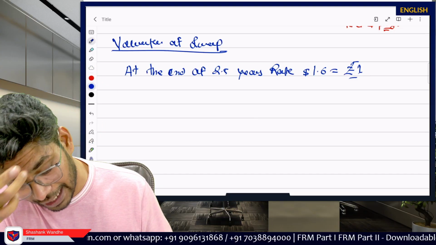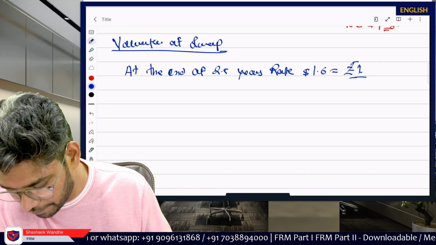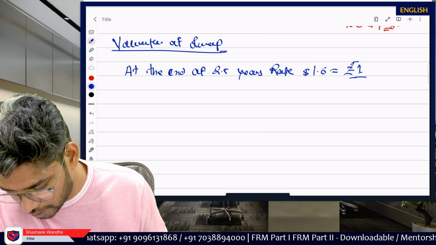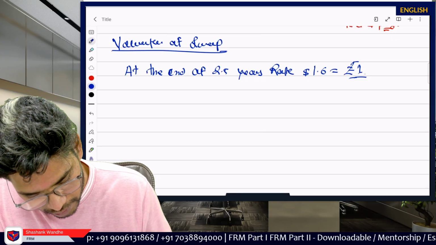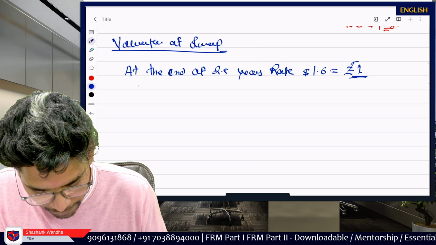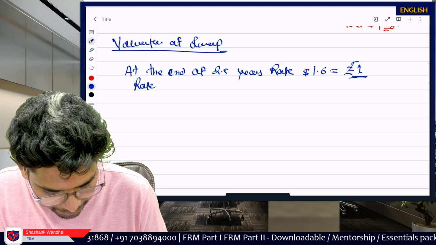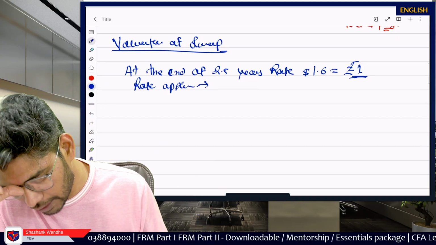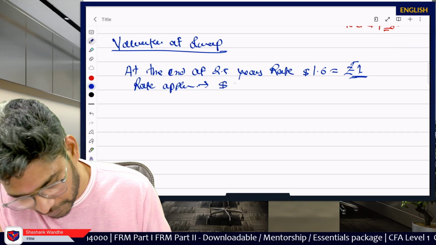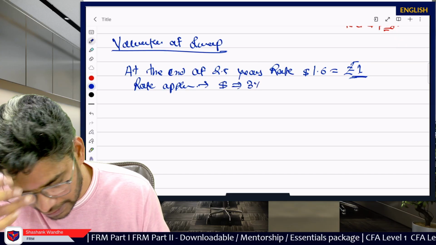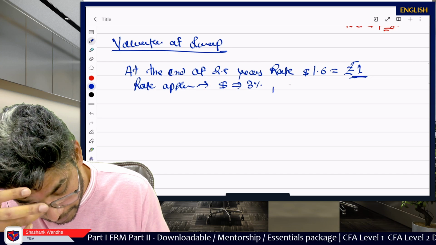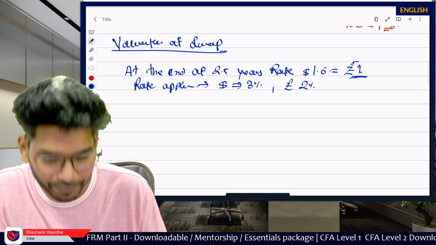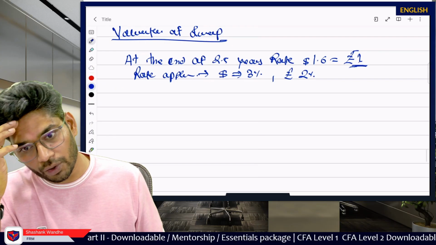So again we need some information, and the rate applicable for these 6 months: for the dollar part it is 3%, and for the pound it is 2%, and this is the rate we are taking. Now how to do the valuation here?